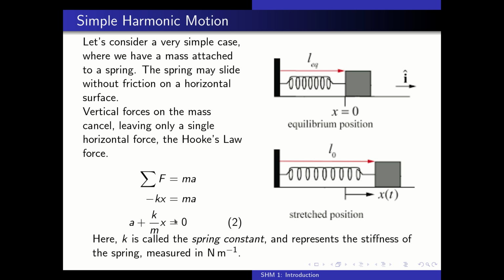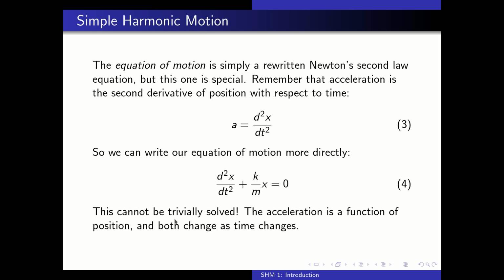So if we go back and take a look at that equation of motion, equation 2, we can utilize this description of the acceleration to rewrite our equation of motion in terms of x and time. And this is really kind of a fun equation because we have x in both of these terms. But it's not just x, it's x and how x changes in time.